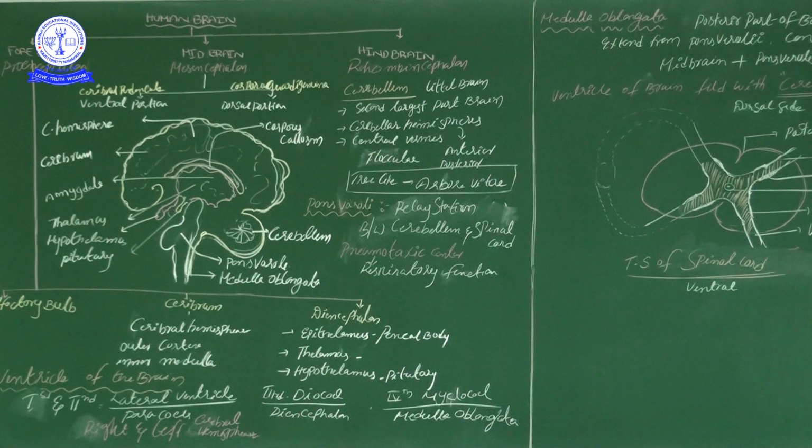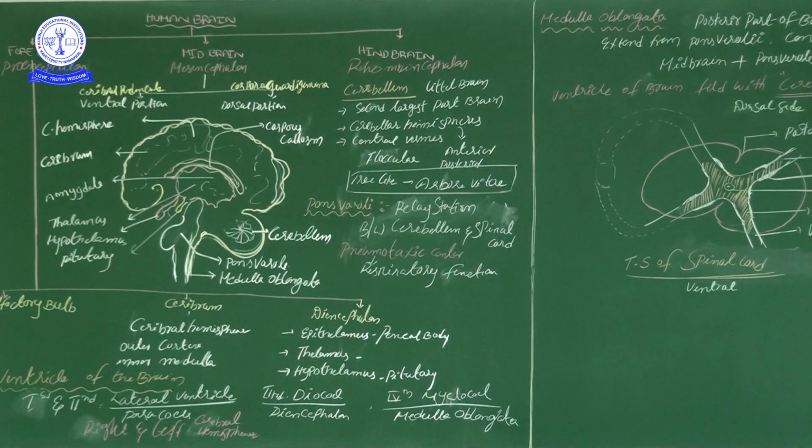Both the diencephalon and cerebral hemisphere belong to which brain part? Forebrain. Correct only. So of the four brain cavities, three are present in the forebrain alone, and the remaining one brain cavity is the myelocoel. It is present in the medulla oblongata.